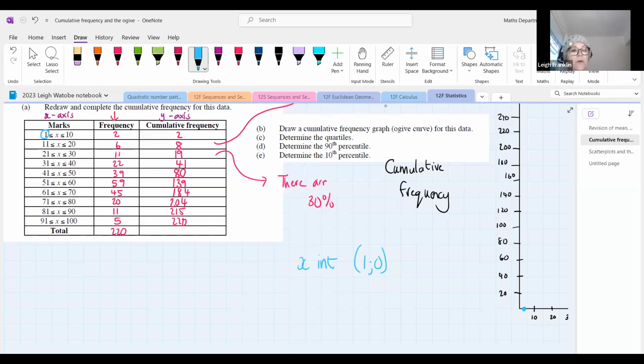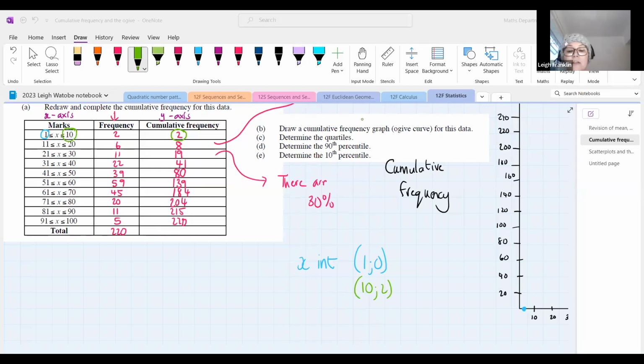The next point that we're going to plot would be what? Ten and 2. So we're going to go here and plot that against cumulative frequency. Good, Mamelo.